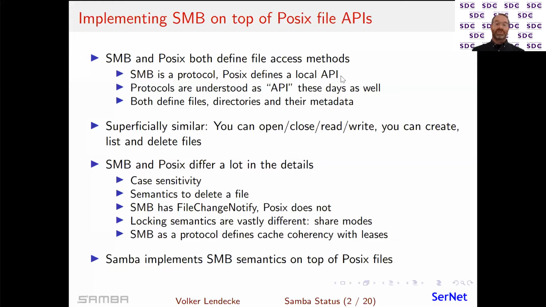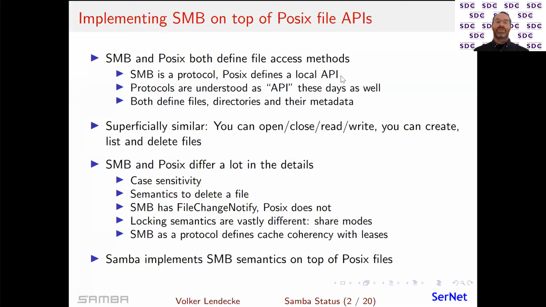SMB is much different here. If you lock a resource like a file or a byte range, then this resource is actually locked and other, different concurrent access is blocked. The other thing is SMB is a protocol.